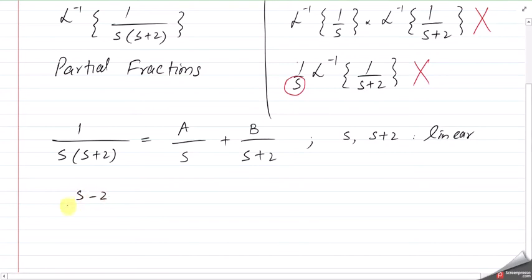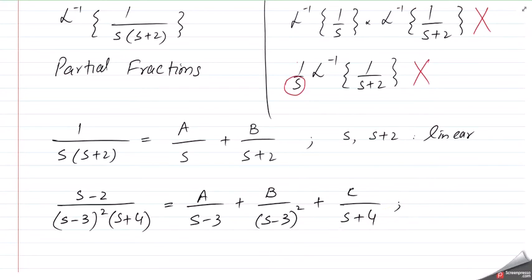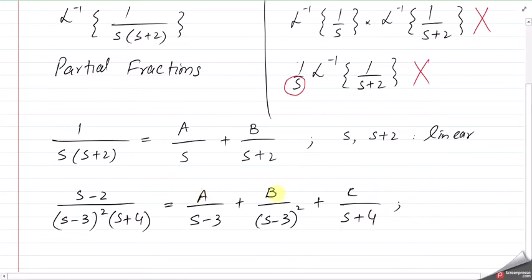Let's say we have s minus 2 over s minus 3 square into s plus 4. Now the first one, s minus 3, is linear, but there is a power on s minus 3, so we write it two times, first without the power and then with the power, but with a new constant each time: a, b, and c.